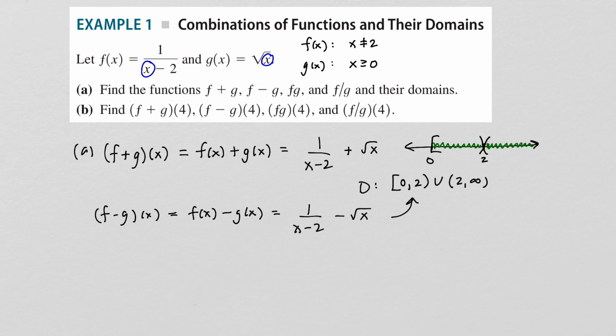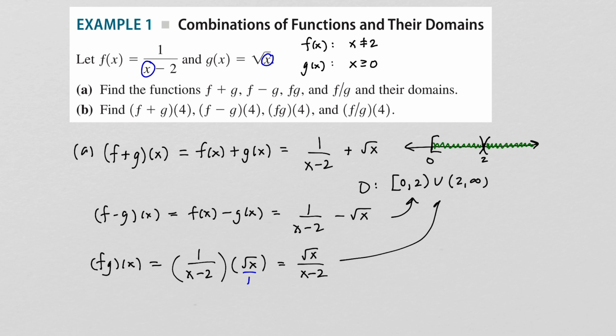For the third part, f times g of x, this will be 1 over x minus 2 multiplied by radical x. And in this case, we can simply think of radical x as being radical x over 1. And if we multiply straight across here, we get radical x over x minus 2. And the domain will be the same once again.